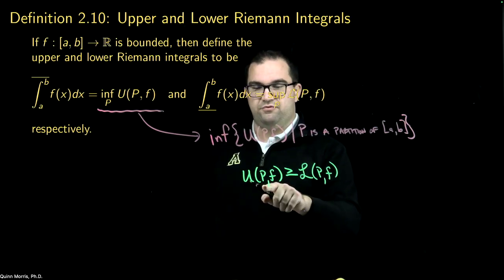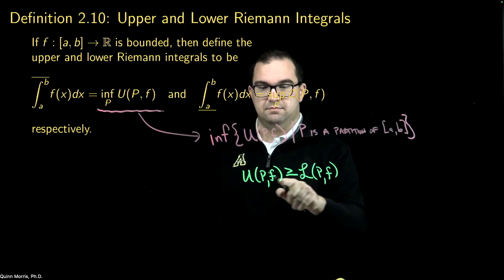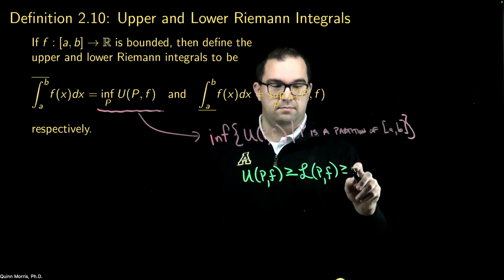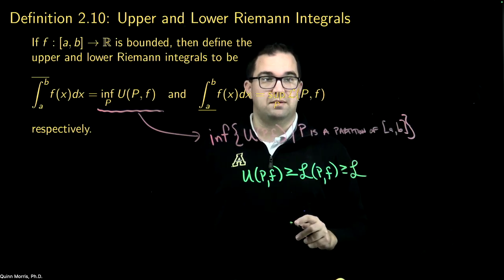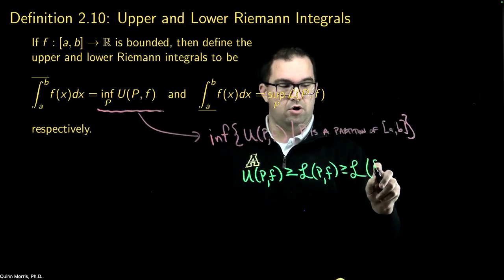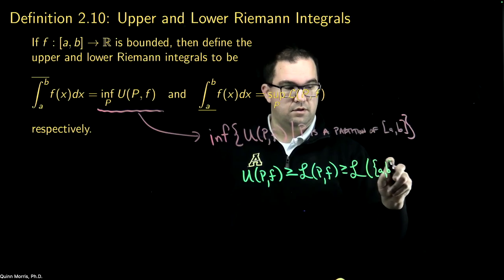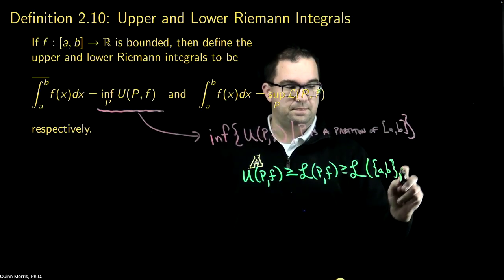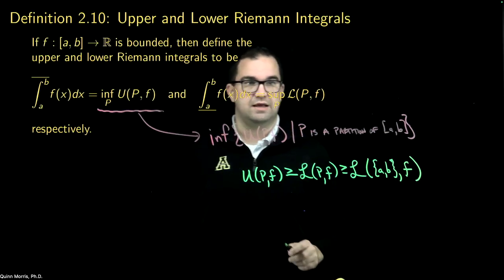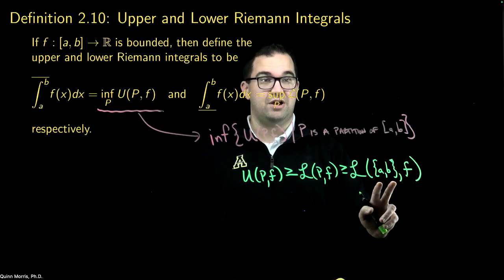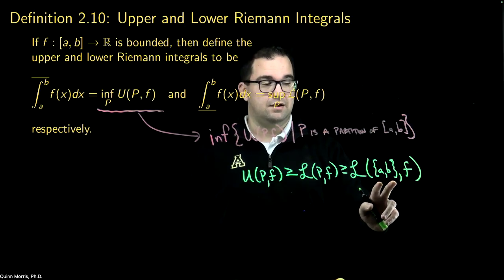So for any partition P, the upper sum is bounded below by the lower sum, and the lower sum, using that refinement property, is bounded below by the lower sum of the partition that just consists of the two points a and b of f. That's using that refinement property. This is the smallest possible partition of [a, b]. Every other partition of [a, b] can be thought of as a refinement of this partition.